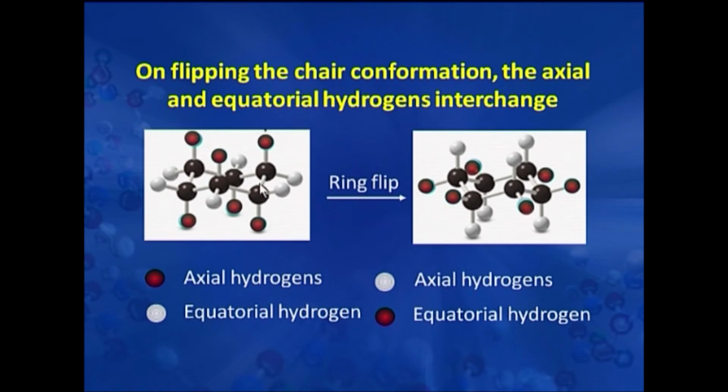So, we can have 2 different chair conformations for cyclohexane. They are identical in all ways, they have the same energies, but the only difference is if we can differentiate the hydrogens. In one, axial hydrogens are there, and they become equatorial. Since all the hydrogens are equivalent, these 2 chair conformations are equivalent, meaning cyclohexane can have one chair conformation.